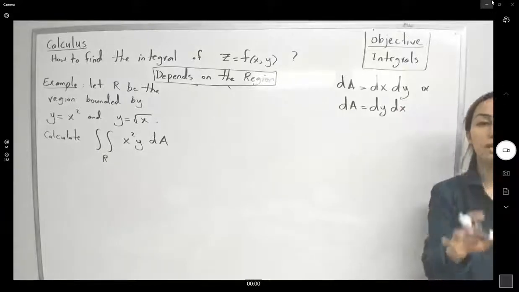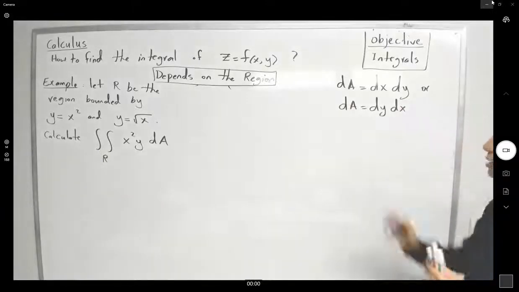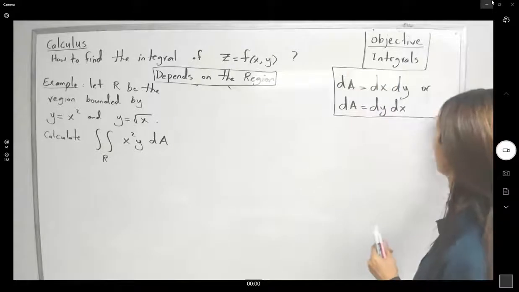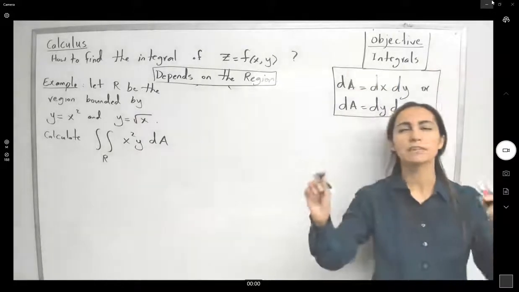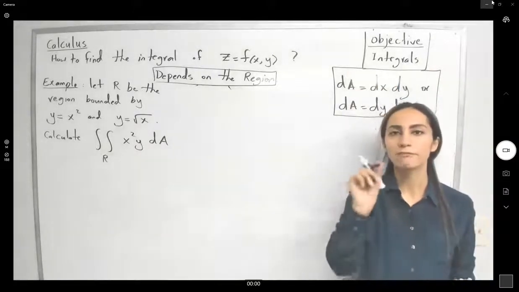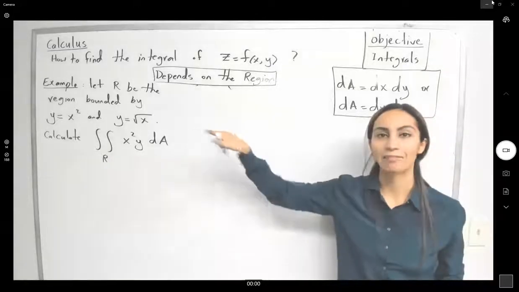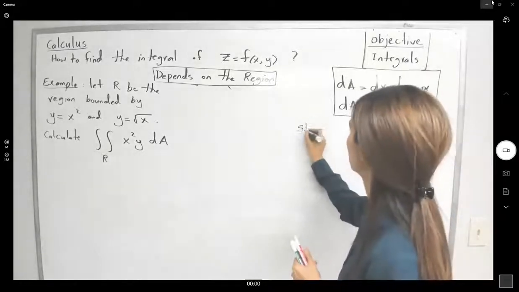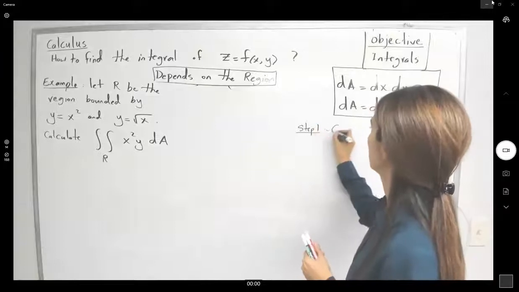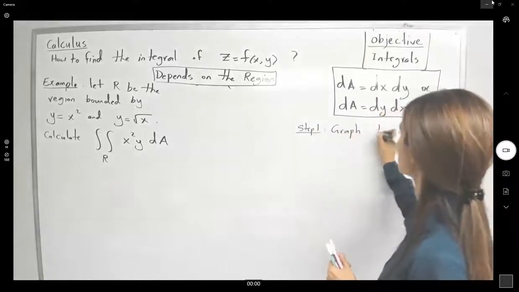We need to decide on that. So what is our very first step? Your very first step is to graph this guy. Step one: graph the region.